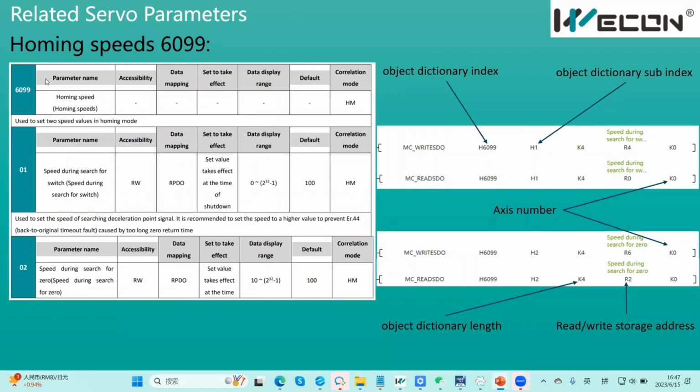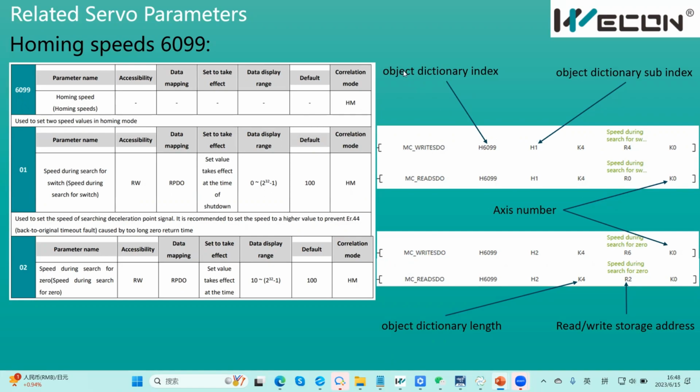Here I have just introduced this homing speed. It has two speeds. First one is speed during search for switch, and the second is speed during search for 0. And if we want to change these two speeds in the program, we could use these two instructions. First one is MC write SDO, and the second is MC read SDO.